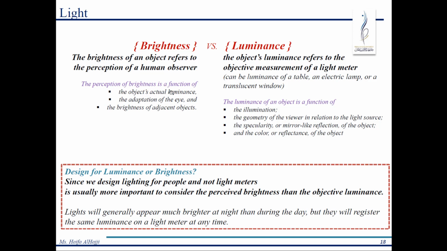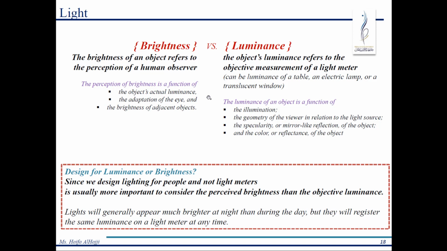This information is entering the eye as is. Now the eye will adapt. This is what I was talking about: the pupil will either dilate or close according to the brightness levels outside, and it sometimes takes time to adapt to a certain level. Then there is the brightness of adjacent objects, so it's going to relate the object's brightness to its surroundings.